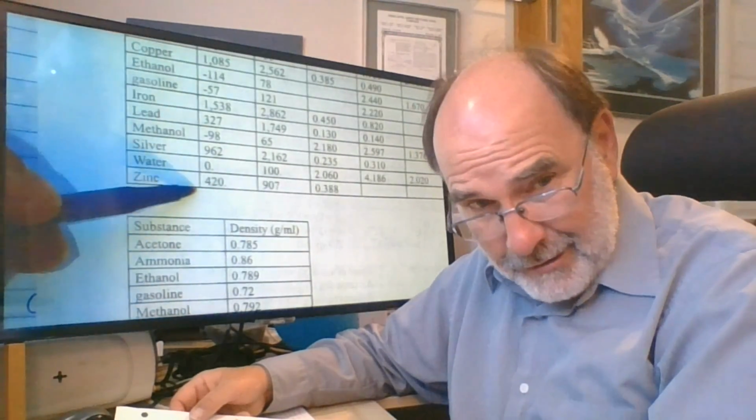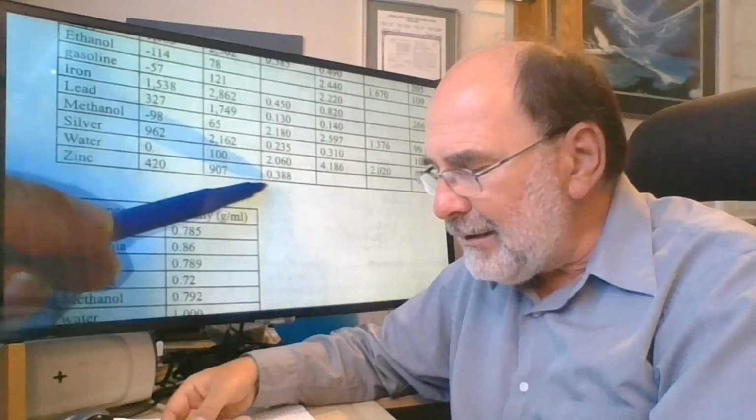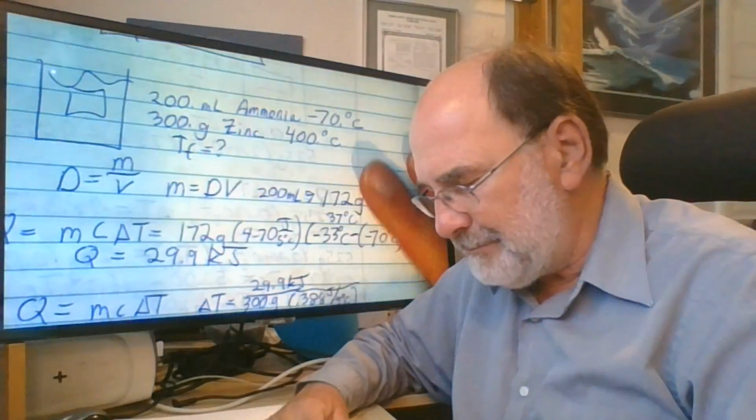Since its melting point is 420 degrees and I'm starting at 400 degrees, it's in a solid state. Good thing, because that's the only place I have data. Its specific heat is 0.388, which is a pretty tiny number. So maybe this will also fail like it did on the first example.